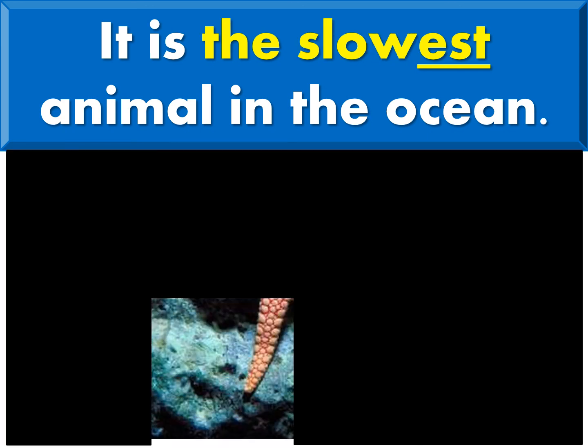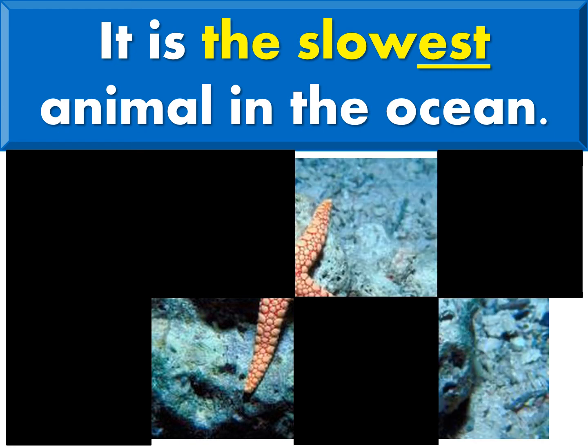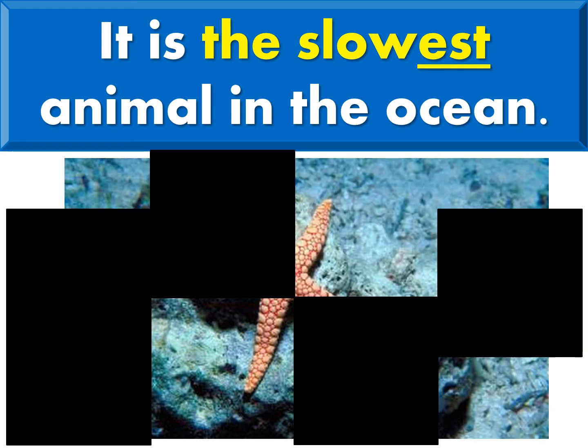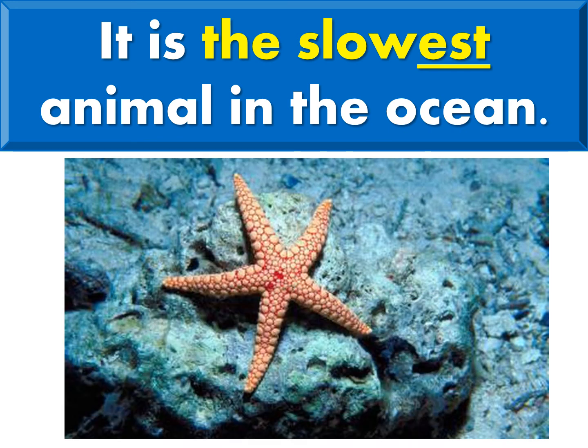How about this one? It is the slowest animal in the ocean. It's not an octopus. Do you know what it is? It is a starfish. A starfish is the slowest animal in the ocean.